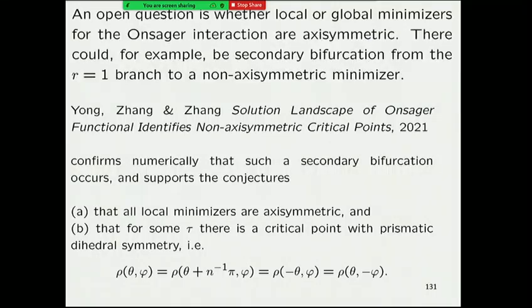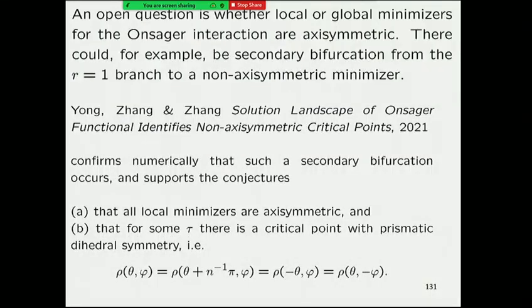And so they confirmed numerically that such a secondary bifurcation occurs off the primary branch, and their calculations support the conjecture that all local minimizers are axisymmetric, and then they had some more precise conjecture that for some tau there's a critical point with prismatic dihedral symmetry.